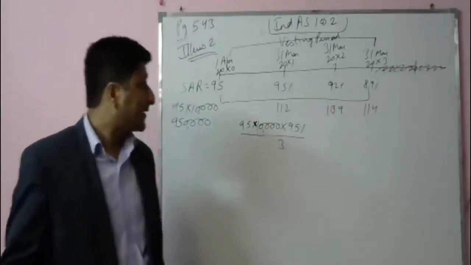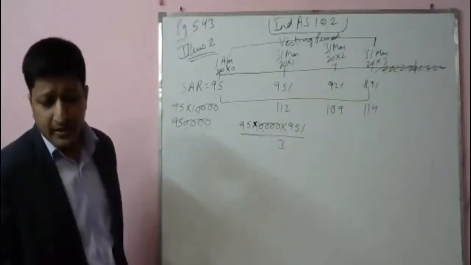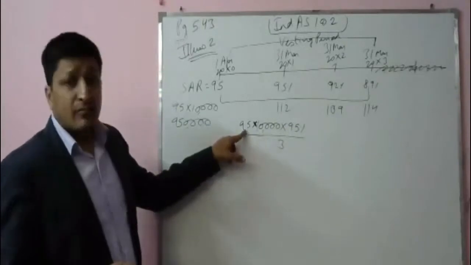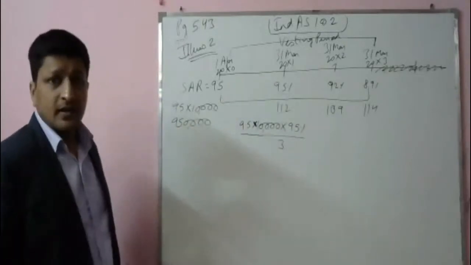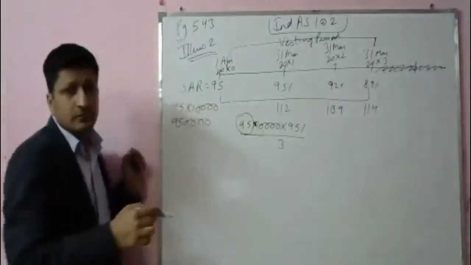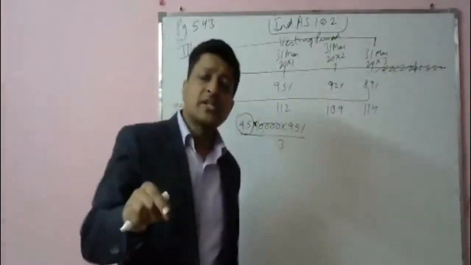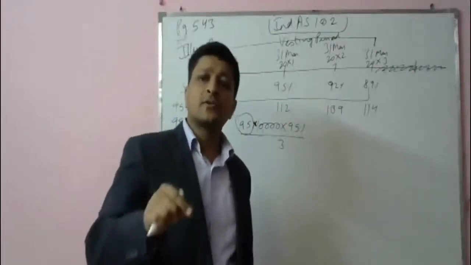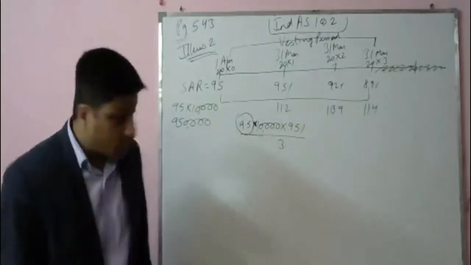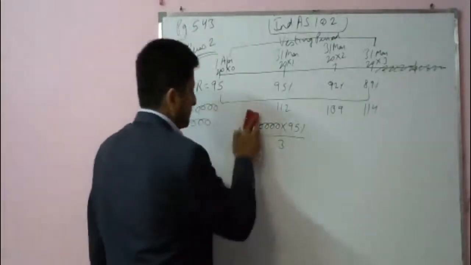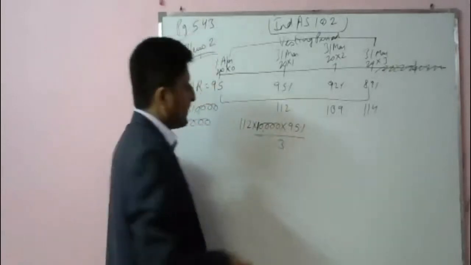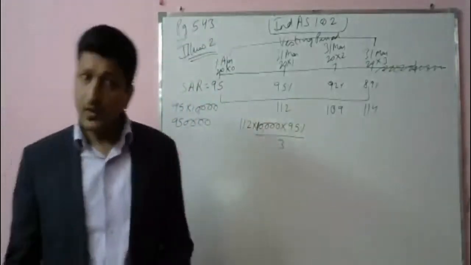But let's now understand over here. Over here, is our liability at the year end still equivalent to 95? No. At the end of first year, the amount of liability has also changed. This has been revised to 112. Correct?